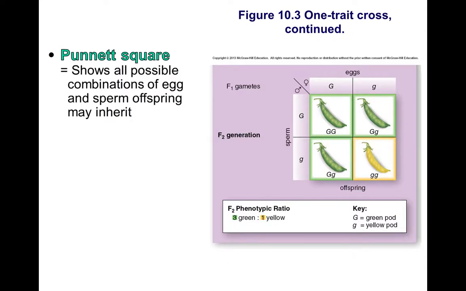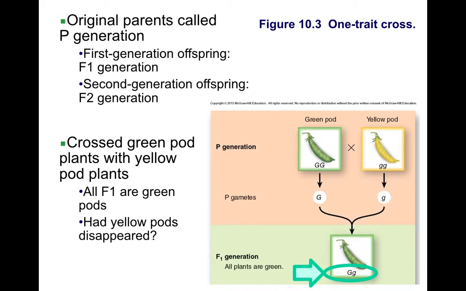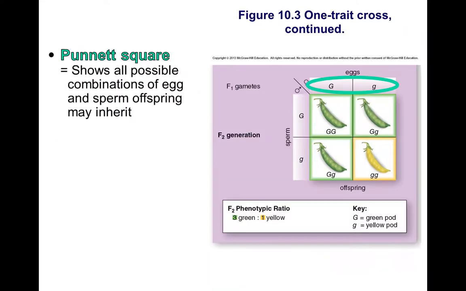So we take the parent's genotype from here and put it on the outside of this box. In this part, the egg cells, although really in plants they are not called that, but just follow with me nonetheless, and the sperm cells on the other side. Now all you have to do is fill in the table.